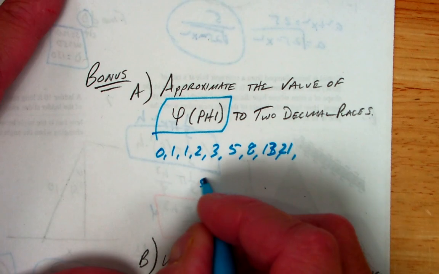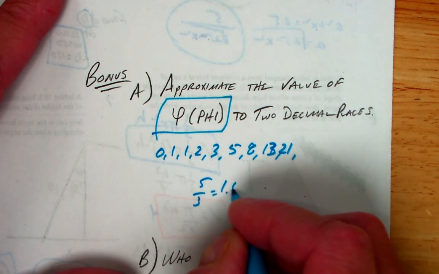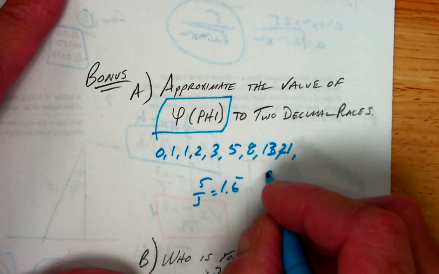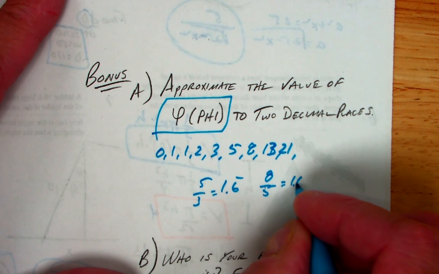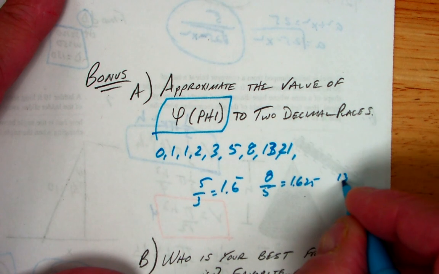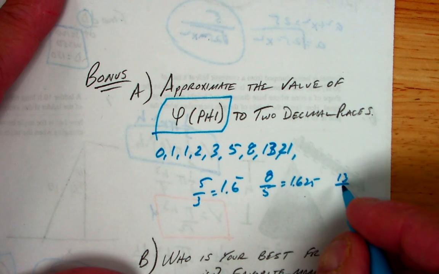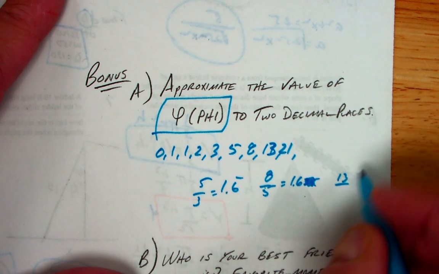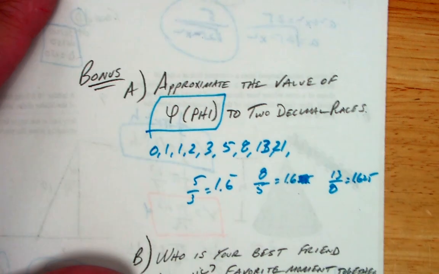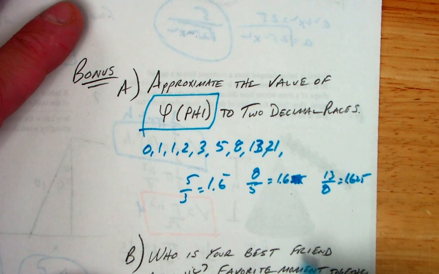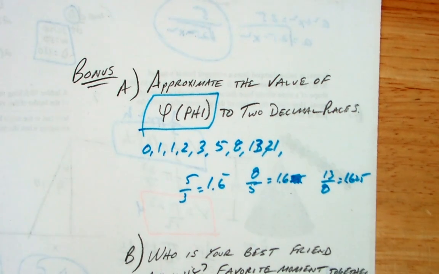So 5 over 3 is 1.6 repeating. 8 over 5 is 1.625. 13 over 8 is 1.625. And then you just keep going until you get that. Like I said, I wasn't trying to put something impossible for you. I was hoping that link would be made.